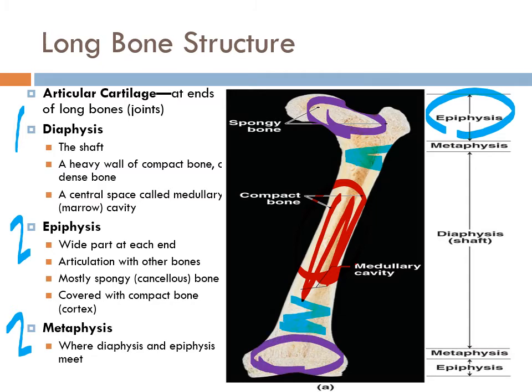Say that 3 times fast. All right, so epiphysis, metaphysis, diaphysis, metaphysis, epiphysis. So those are the different regions of a long bone. The diaphysis is mostly compact bone with that central marrow cavity. The epiphyses are mostly spongy bone with a thin covering of cortical bone or compact bone.